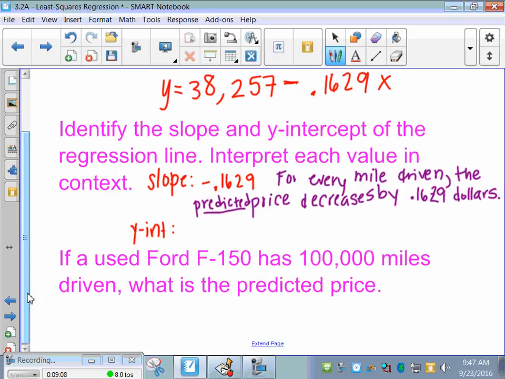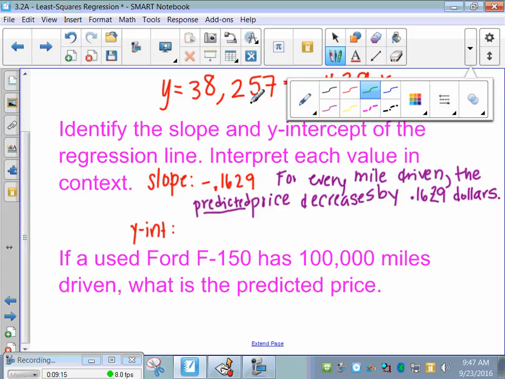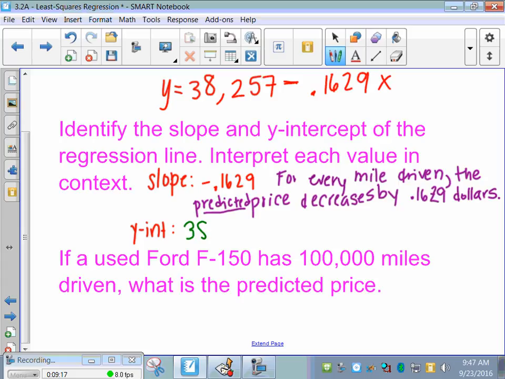Okay, now we have y-intercept. Adem, what's the y-intercept in this problem? Yep. Okay, who can interpret the y-intercept? Let's go with Taylor. What do you think? Very good.